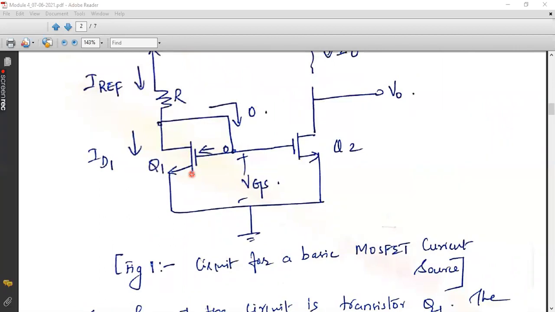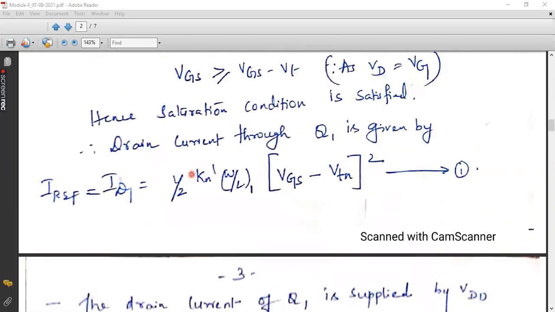So this is to be ensured. Okay, now based upon this saturation condition, you have written the expression for the drain current ID1. While writing this equation, I have written that ID1 is equal to I reference. Why?